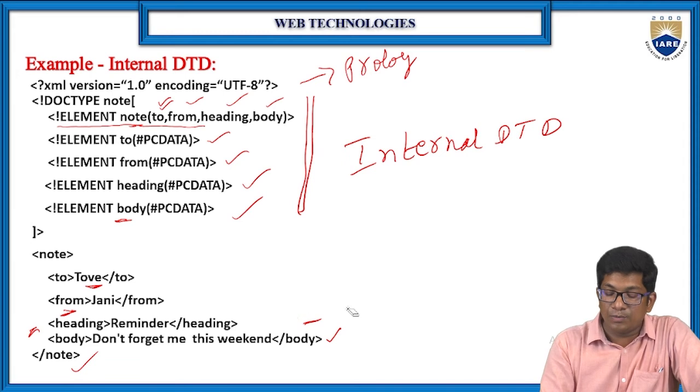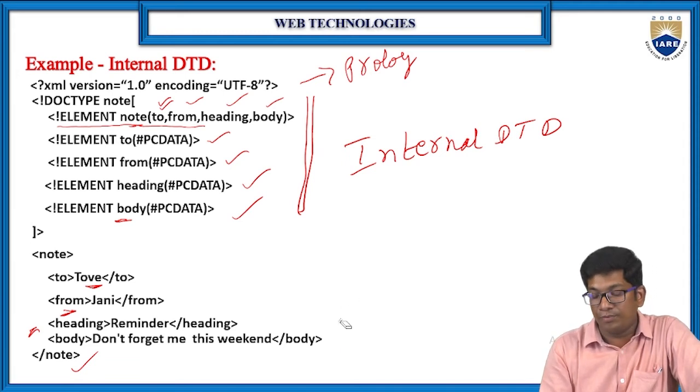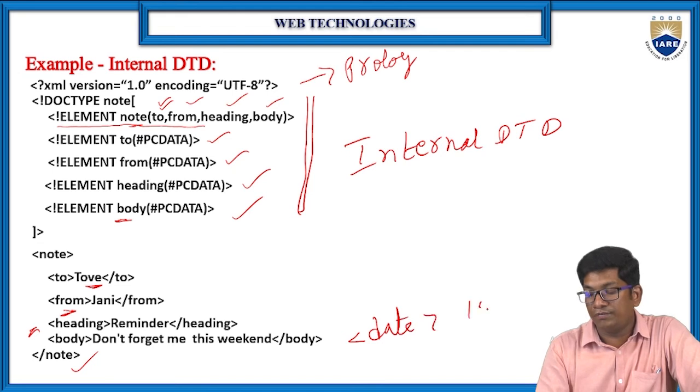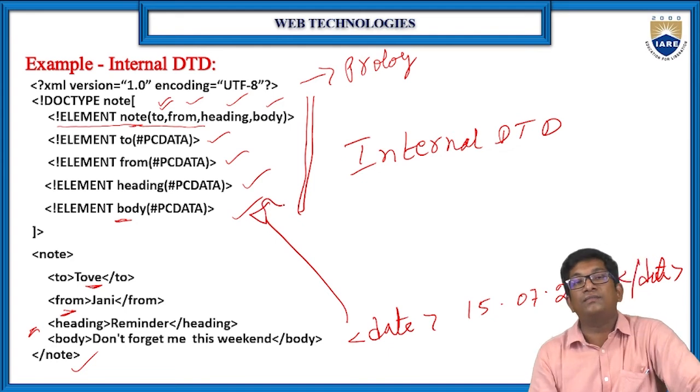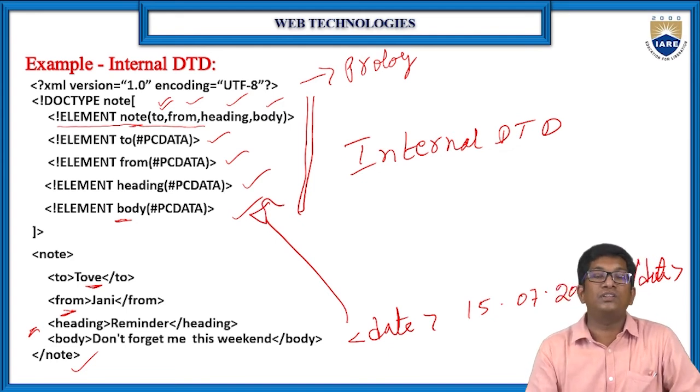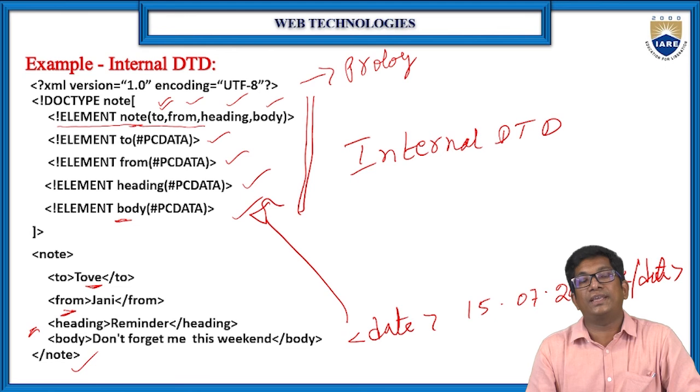As well, suppose you are using a new element, for example date. For example, I'm using here date 15/07/2021, and I'm also specifying the closing date tag. It is a new element, so it will check in the internal DTD whether that element is available or not. If it is not available, it immediately shows an error. You have to follow that structure.